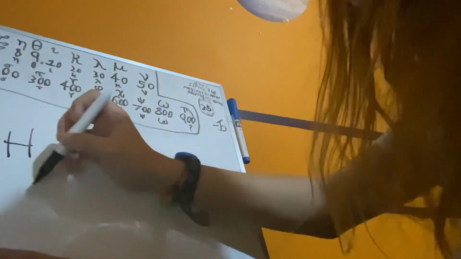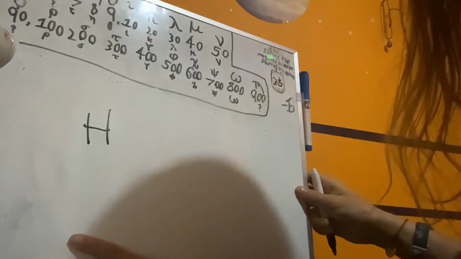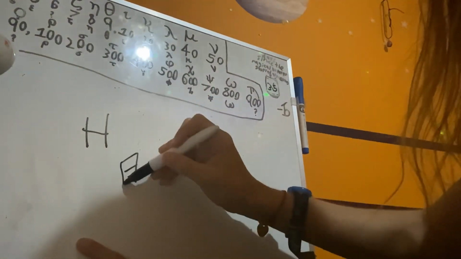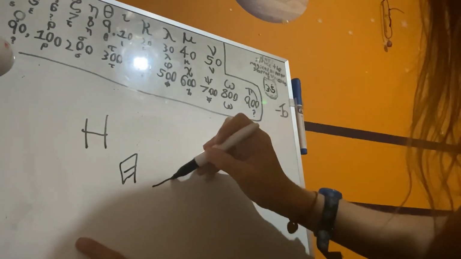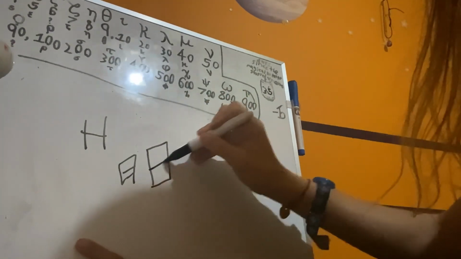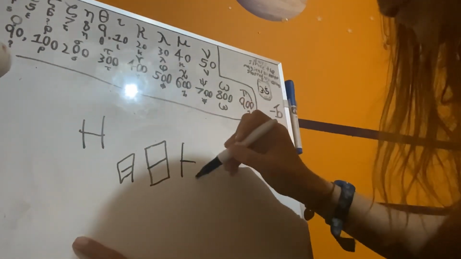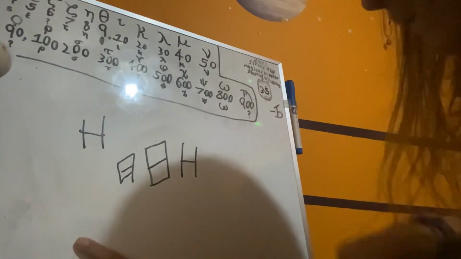Let's go to H. So originally, and then italic script in Latin for the Romans, and then it got simplified.